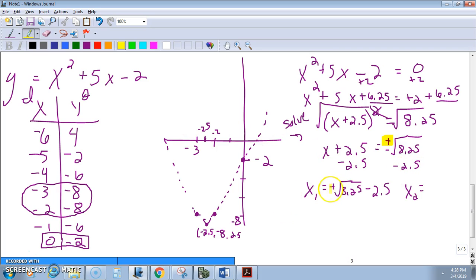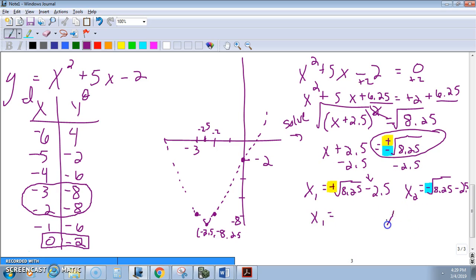We know that positive went here, and then let's change our color. The negative is going to go here. So x1 is the positive, x2 is minus the square root of 8.25 minus 2.5. A lot of people get confused and they want to change this part to plus and minus. No, it's the square root of a positive number that gets changed.